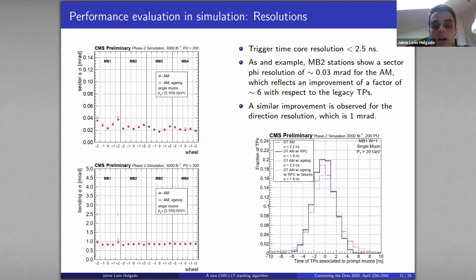For sector 5, as an example, you can see that the MB2 stations show a resolution of around 0.03 milliradians. This reflects an improvement of around 6 times the resolution that we have in the phase 1 system, the legacy system. And on the bending phi resolution, we can see a similar improvement. The resolution is around 1 milliradian, so it's a very huge improvement.